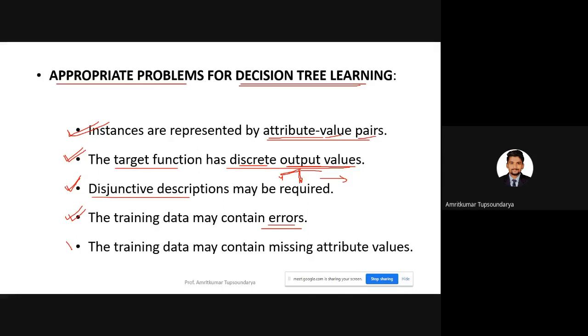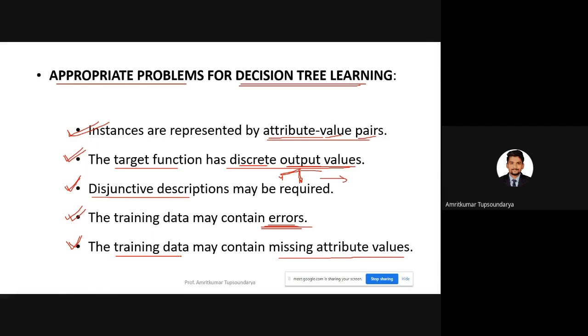Now the last characteristic of a problem to be suited for decision tree methods is that the training data may contain missing attribute values. As I said, the attribute or its value can contain errors, but even if we don't have the value for a particular attribute, we can still consider that problem for our decision tree method.